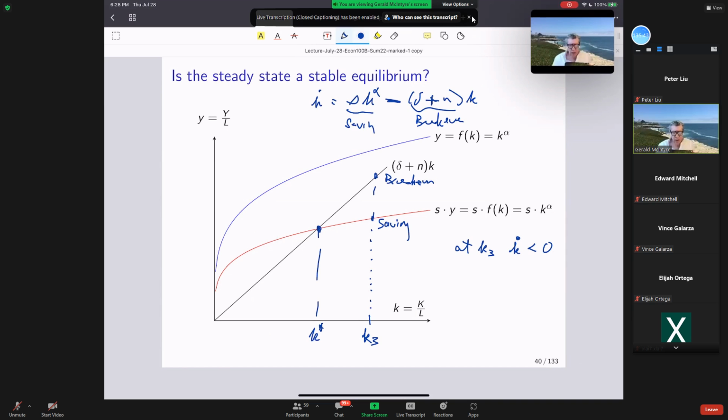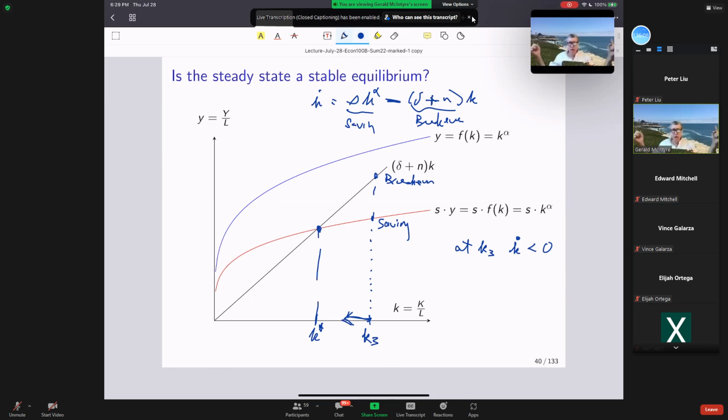If K dot is negative, that means the capital stock per worker is going down. It's going in this direction. And if it's going in this direction, notice it's going back to the old steady state K star. And so the equilibrium is stable from above as well.